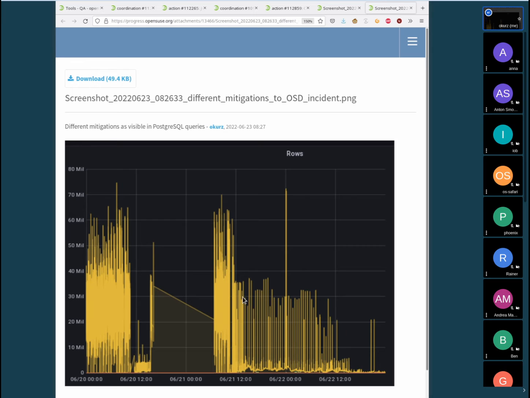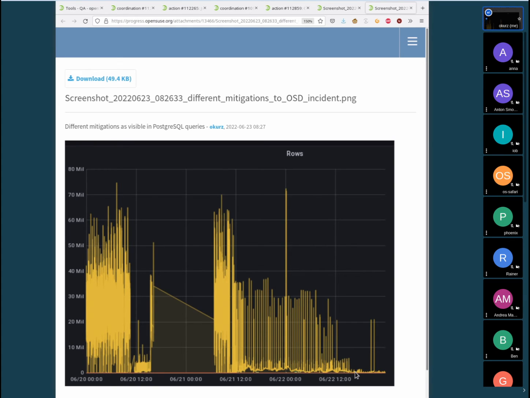And starting from lunchtime on Tuesday, I would say, it was fully workable and usable. It's just that we could still see that performance impact by these spikes in rows.